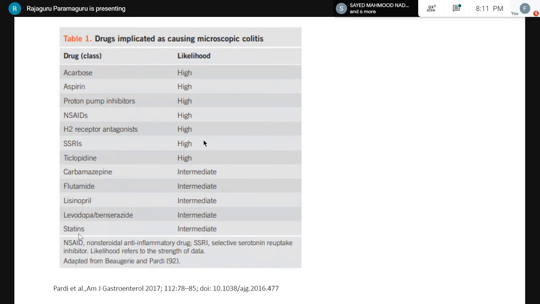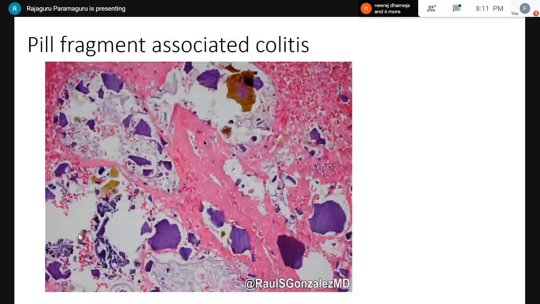So moving on to the next section, this is pill fragment associated colitis. I have not seen a case for myself, though I have seen a lot of cases on Twitter and online.